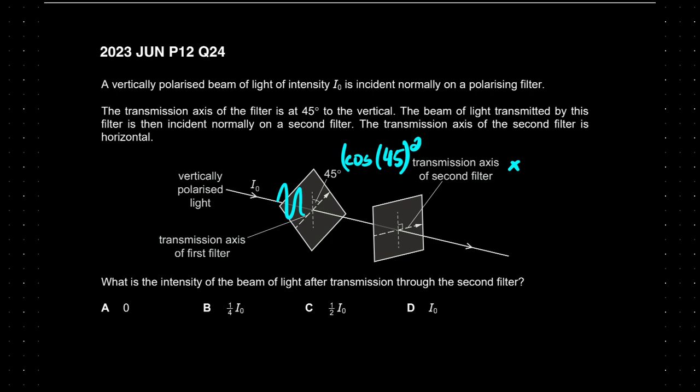The idea is that this light, which is now going to be coming out of the first one, is going to be polarized in this direction. Again, we are looking for the angle that it makes with the transmission axis, which is 45 degrees again. So this would be times another cos 45 squared, right? So it's basically cos 45 to the power 4.